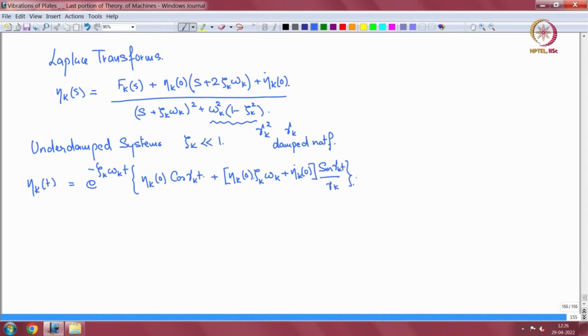This is the homogeneous part due to initial conditions. Then we have the convolution integral due to the force, which is 0 to t f k of tau e to the power of minus zeta k omega k times t minus tau, sin gamma k times t minus tau, d tau.